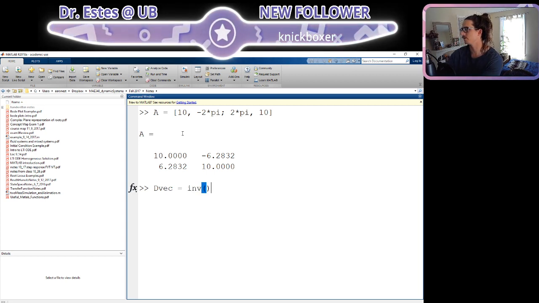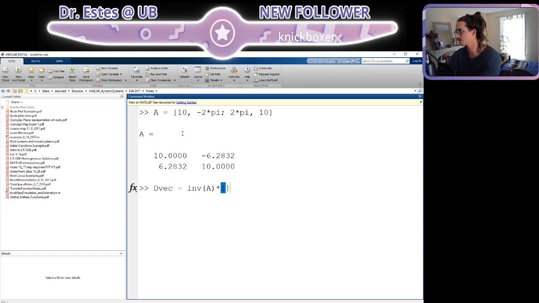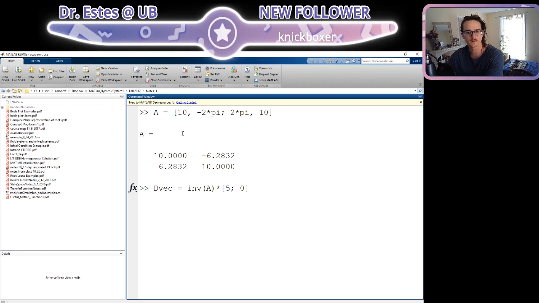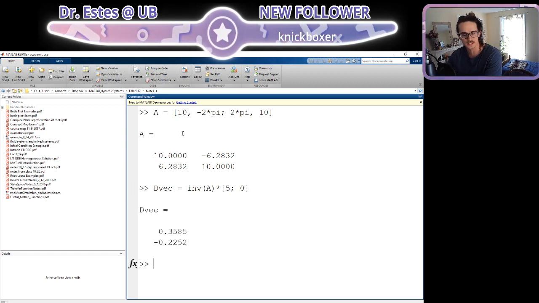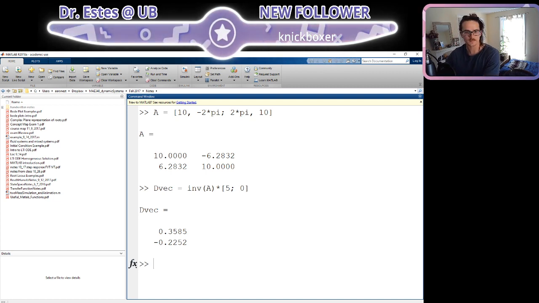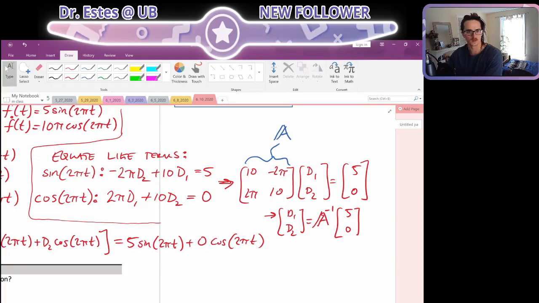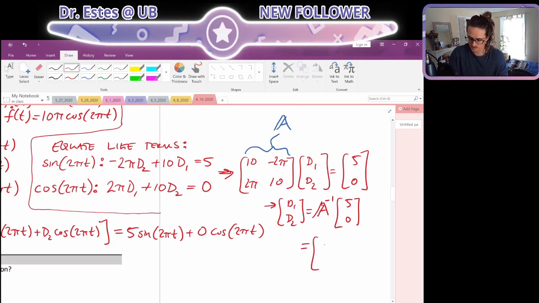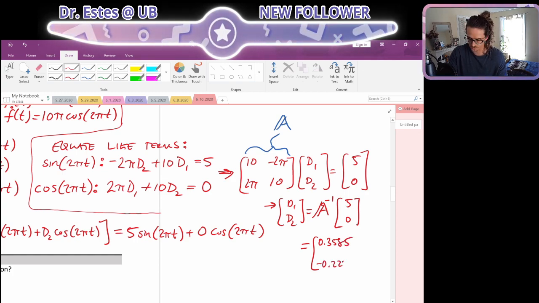It's going to be the inverse of that matrix times 5, 0. So d1 is the top entry of this vector, d2 is the bottom. Okay, so that's 0.3585 and minus 0.2252.